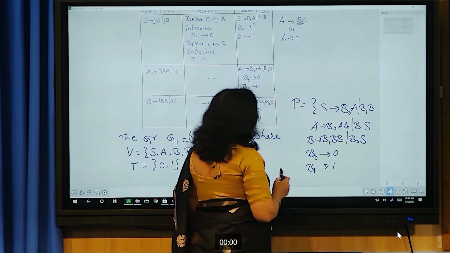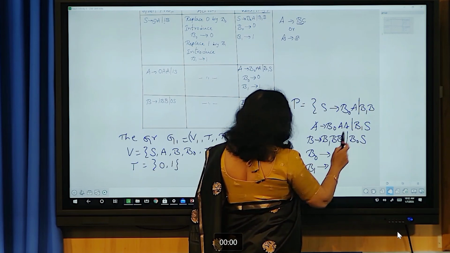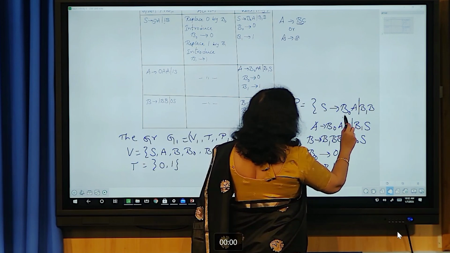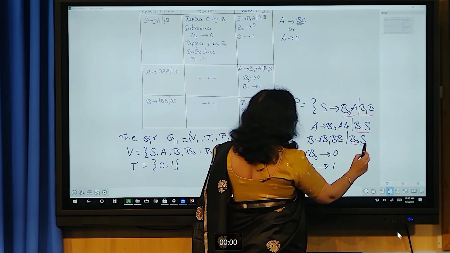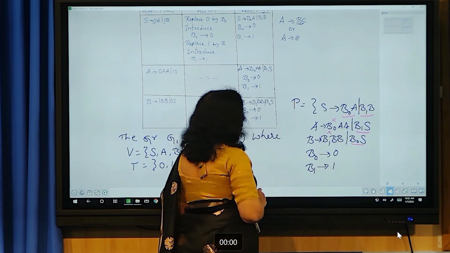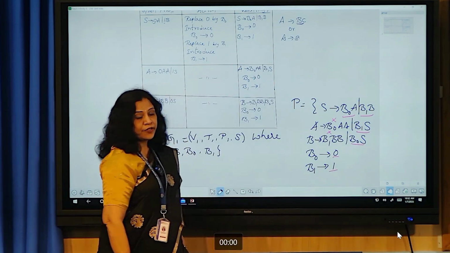So now these two are variables. These two are also variables. So they have come to CNF form. This is also in CNF form now. So let's see. This is in CNF, this is in CNF, this is in CNF, this is in CNF, this is not in CNF, this is not in CNF. This is also in CNF, this is also in CNF.